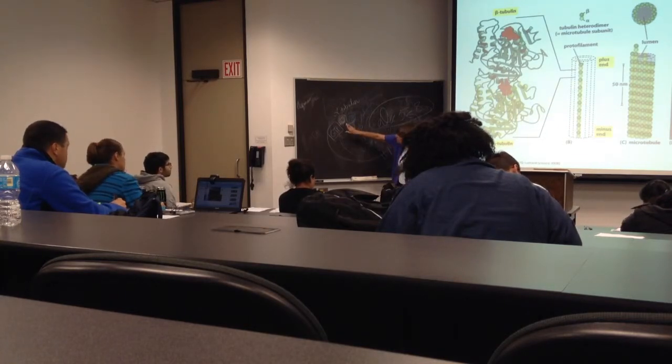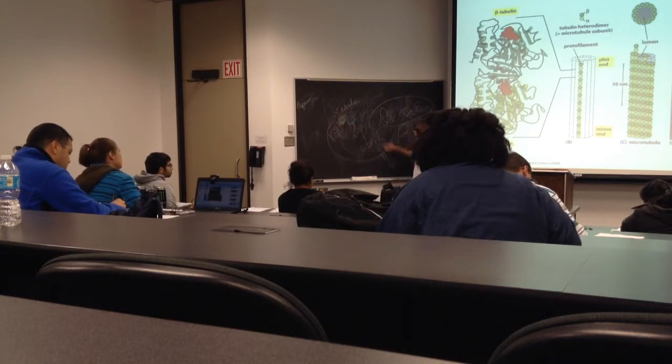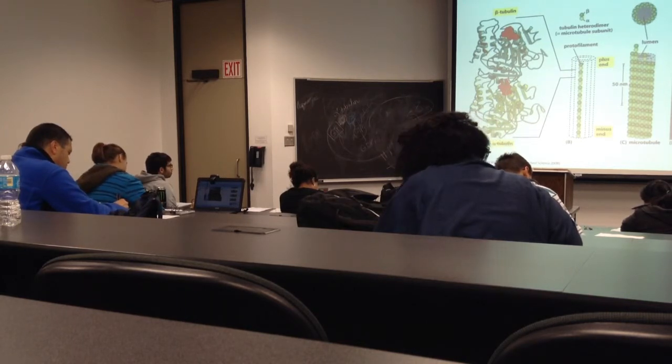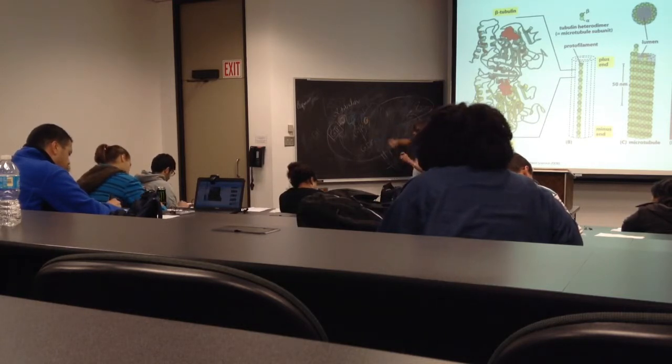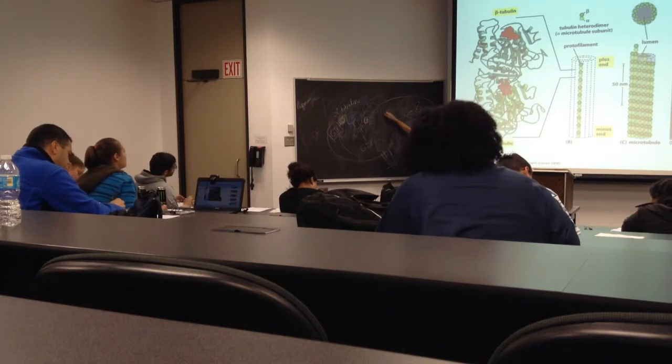So what we're going to do is take a whole string of these dimers and put them in a row. And when we do that, we're going to be forming something called a protofilament. So here we go. You have to pretend these are all touching.